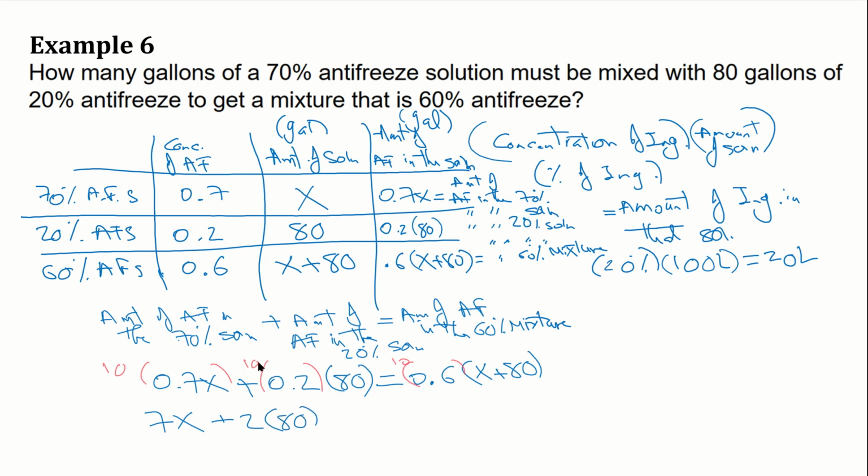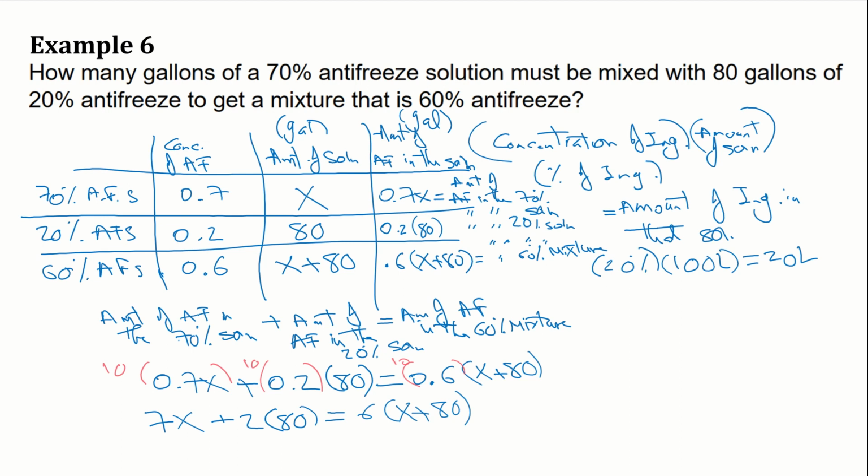Don't forget, once you multiply the 10 and the 0.2 and get 2, that means the 10 is taken care of. You don't multiply it also by the 80. There's not a sum here where distribution is needed. This is just a product, right? And on the other side, we get 10 times 0.6, which is 6 times x plus 80. So all we have to do now is solve this much simpler equation with all whole numbers.